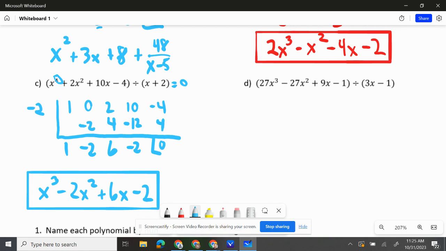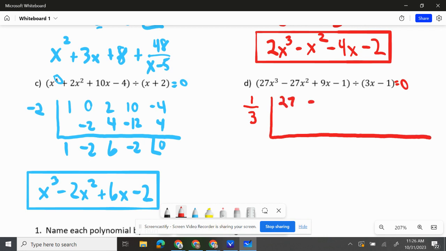Last one. We're going to set the binomial equal to 0, and that gives us 1/3. And so we have 27, -27, 9, and -1. So we bring down the 27. 1/3 of 27 is 9. -27 plus 9 is -18. 1/3 of negative 18 is negative 6.